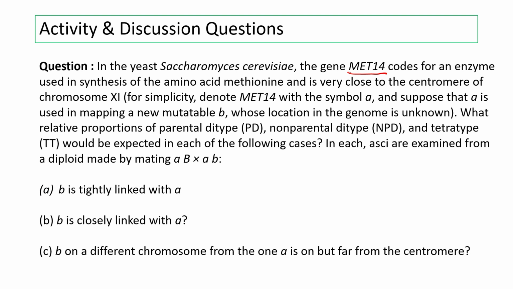And what you need to do, by looking at different combinations of PD, NPD and tetrad type, is answer whether B is tightly linked with A, or B is closely linked with A, or B is on a different chromosome from the one A is on, but far apart from the centromere.